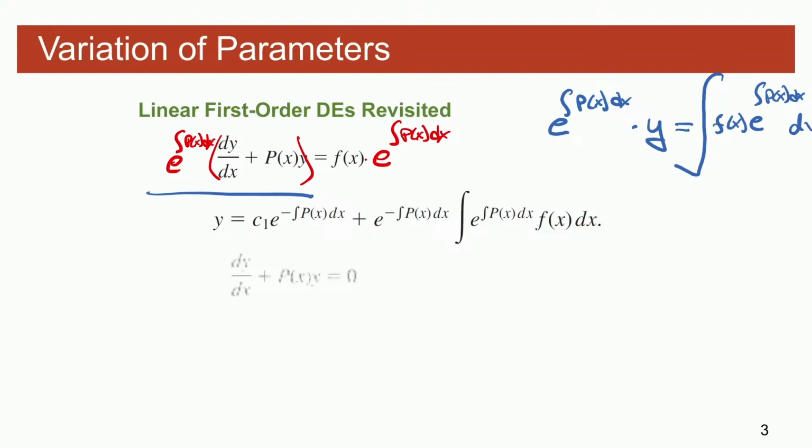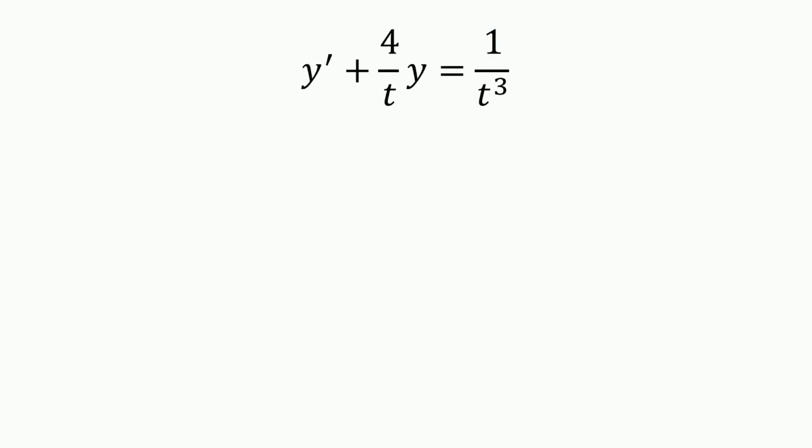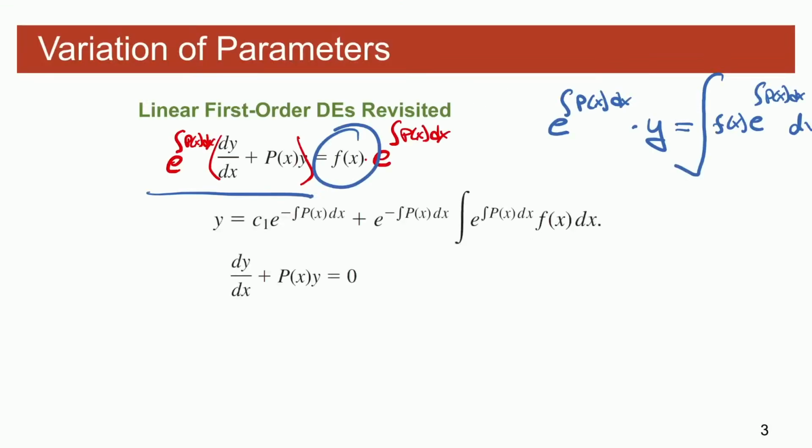But don't fret, because if you didn't have f of x there, where did it go? There it is. If the f of x was gone, so this here, in a sense, is a non-homogeneous differential equation. But if this was 0, and the p of x is a problem, but we're going to ignore it for a minute, and we're going to treat this as if it were a homogeneous differential equation, you could do the same thing, and the solution would be a lot simpler.